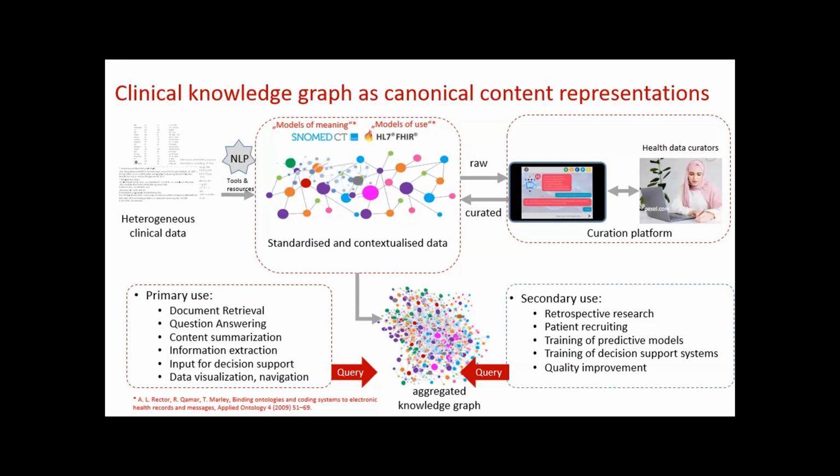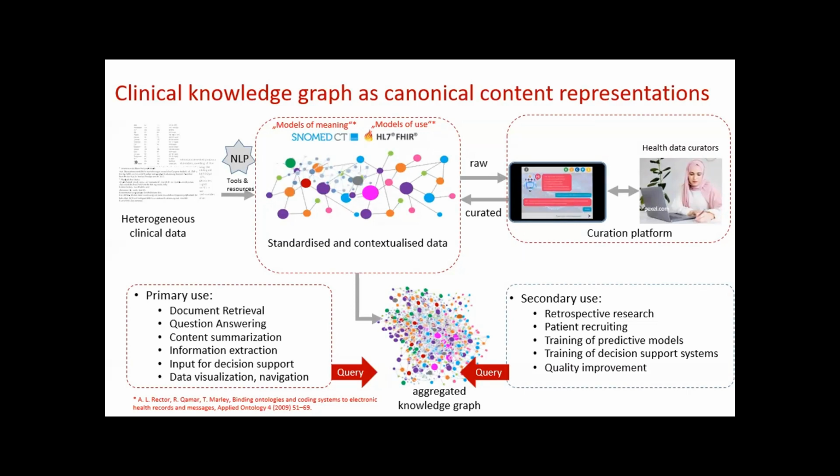And perhaps another aspect is also that, because later on I will really focus on these 2 standards, SNOMED CT and HL7 FHIR. And these 2 standards stand for, on one hand, the model of meaning, the ontology, the meaning of clinical terms, and on the other hand, the models of use.